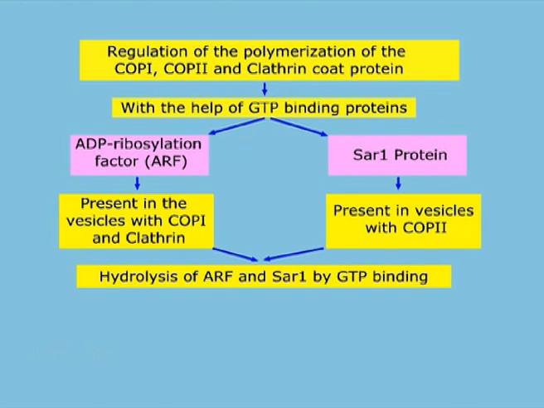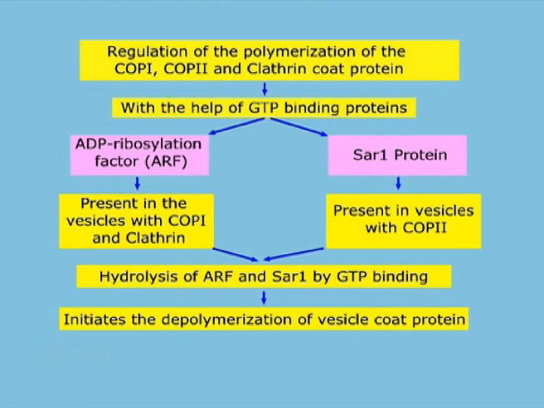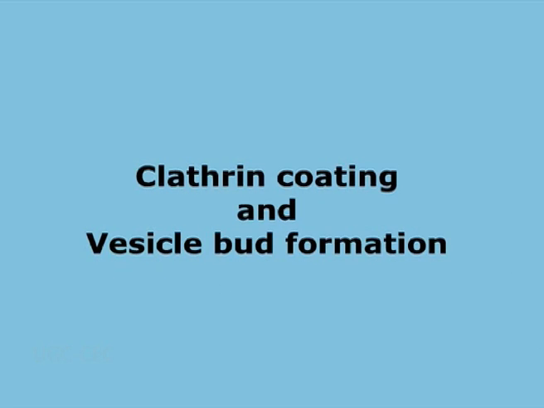It is believed that hydrolysis of GTP bound to ARF and SAR1 initiates the depolymerization of the vesicle coat protein. After being released and shedding its coat, a vesicle fuses with its target membrane in a process that involves interaction of cognate snare proteins. Now we will learn about the Clathrin coating and vesicle bud formation.